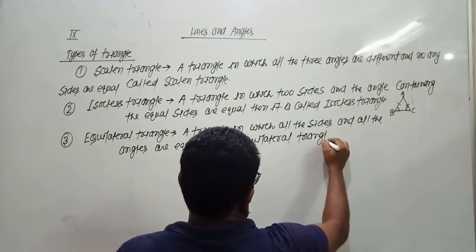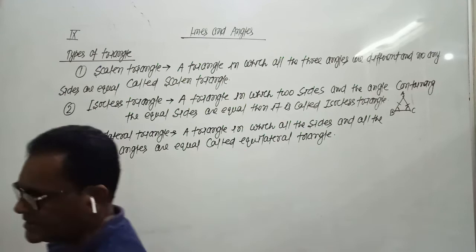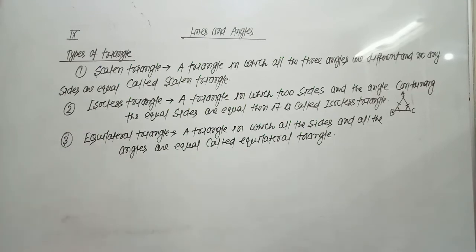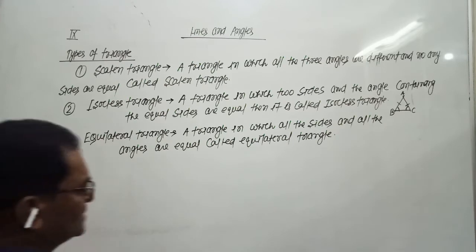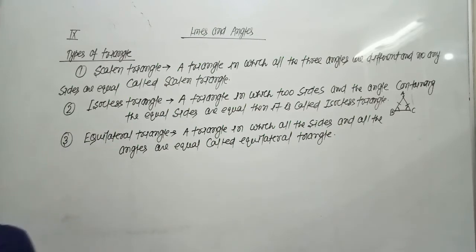All the three sides are equal and all the three angles are equal, then it is called an equilateral triangle. And all the angles of an equilateral triangle are 60 degrees.